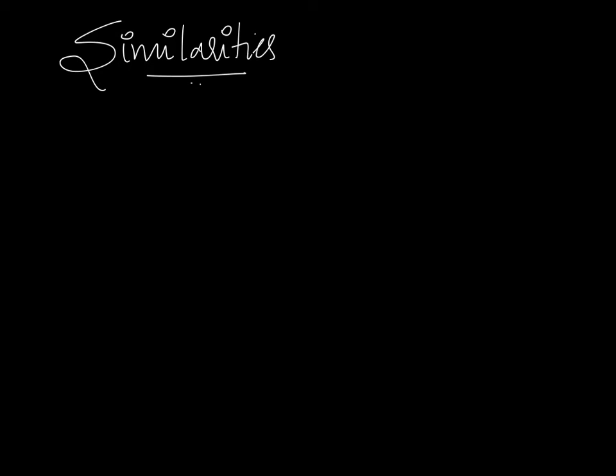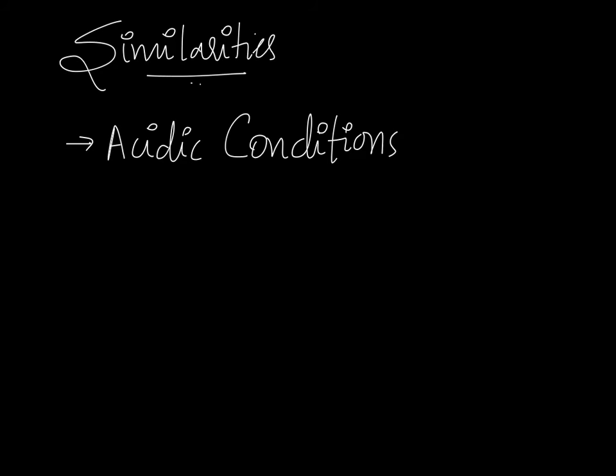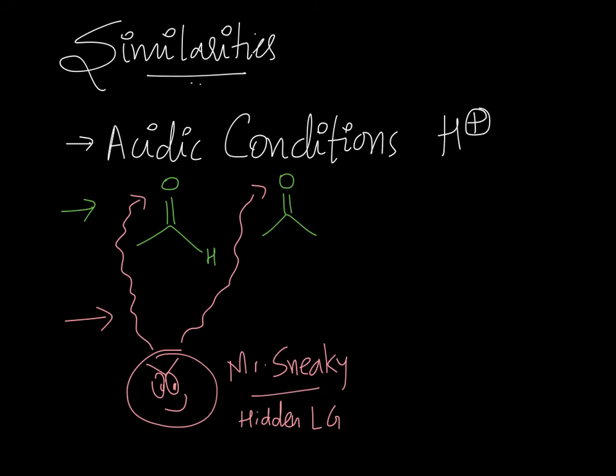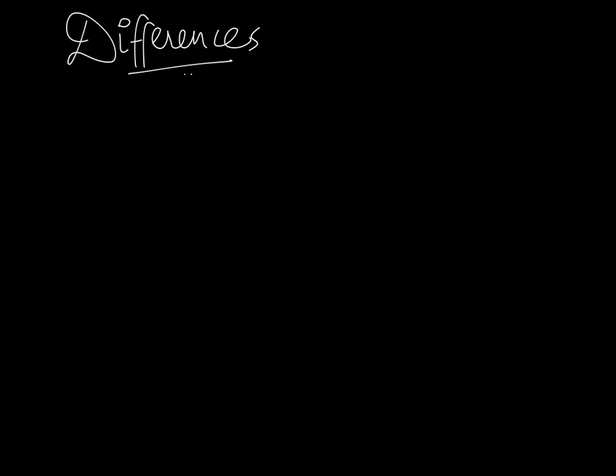So what are some similarities between the three mechanisms? Well, all three of them use acidic conditions, which is why you've got a lot of protons floating around. All of them had a carbonyl carbon, which did not look like it had a leaving group. But this oxygen is actually the leaving group. It's a very sneaky guy hiding in there. And finally, what are some differences?